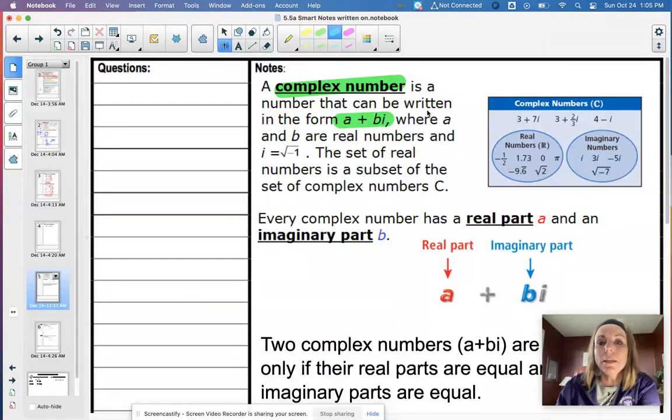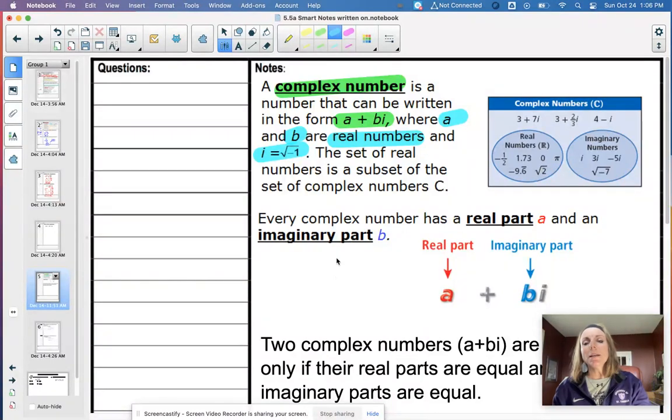The important thing is a and b are real numbers, and i is the imaginary number. The set of real numbers is a subset of the set of complex numbers, C. So if you look over here, complex numbers are made up of real numbers and imaginary numbers combined.